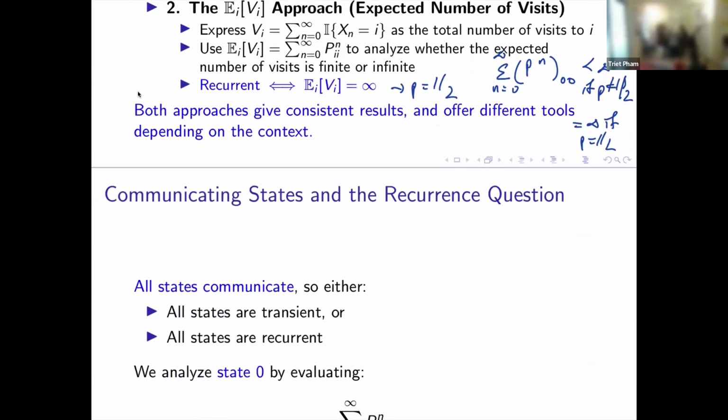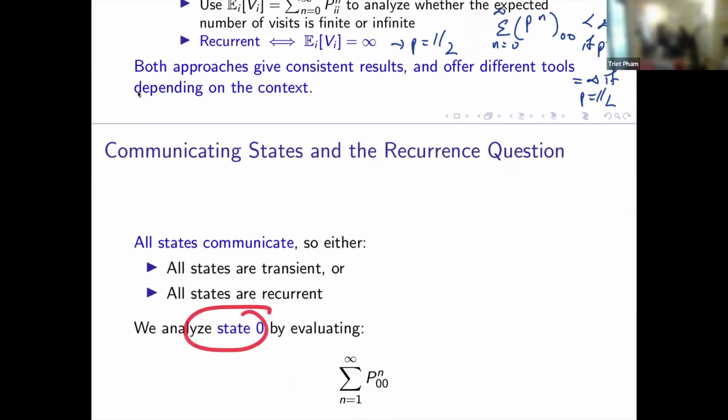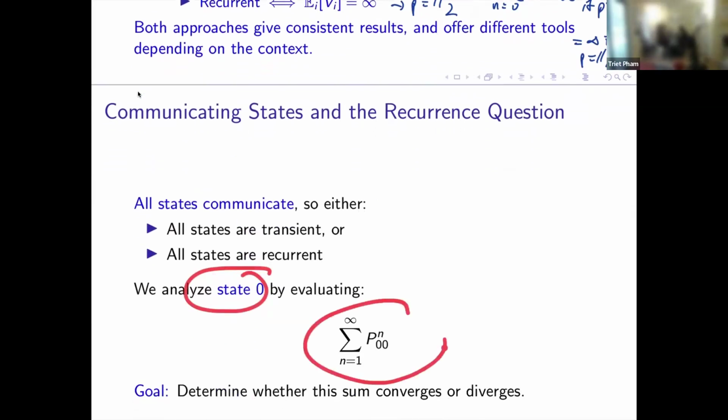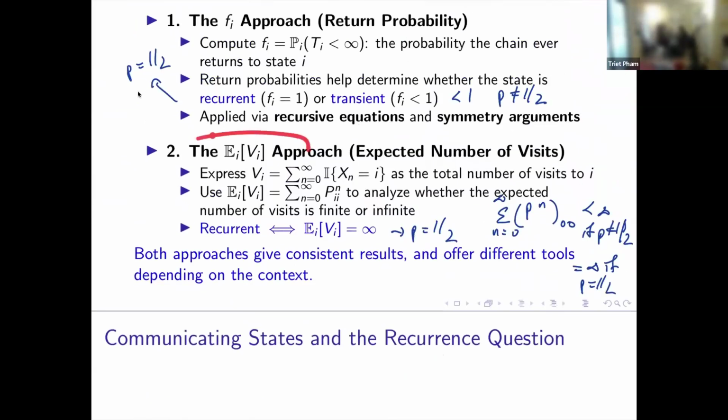We'll look at that later. But basically, all states communicate, so all states share the same status: either they're all recurrent or they're all transient. So we only have to look at one state to establish that the whole chain is recurrent or transient. And so let's just look at state 0 and look at this sum. That's approach number 2. We look at this approach first.